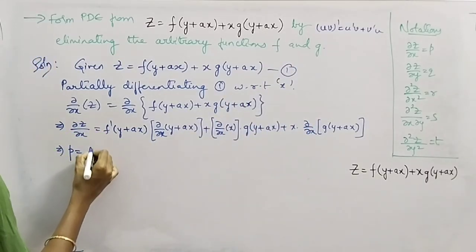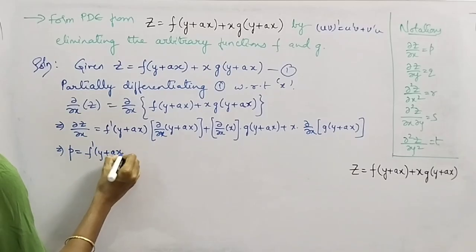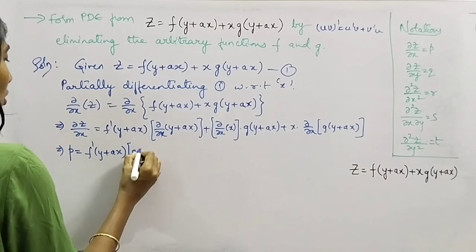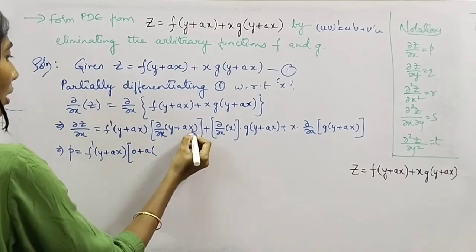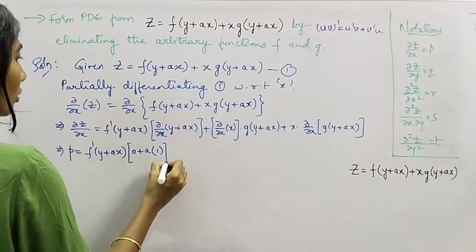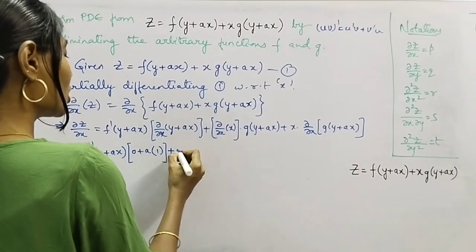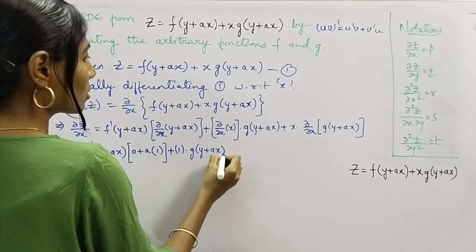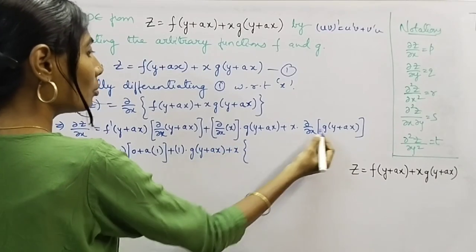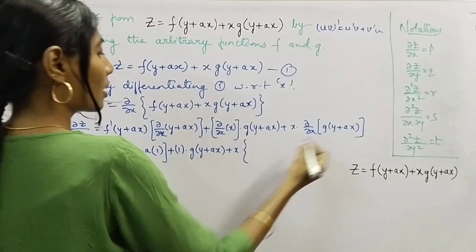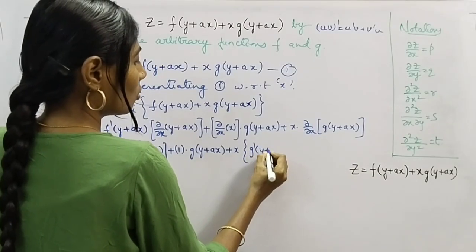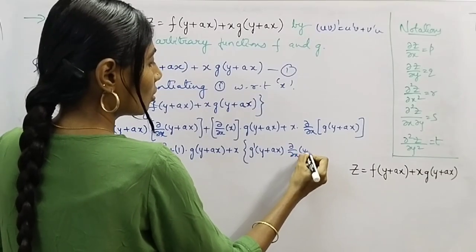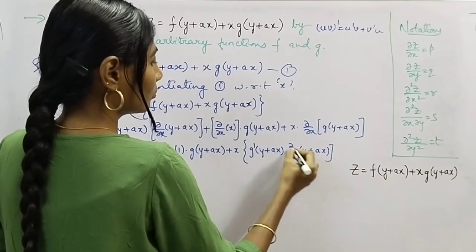You'll get p equal to f dash of y plus ax into partial derivative of y with respect to x, which is 0, plus a constant into partial derivative of x with respect to x, which is 1, plus partial derivative of x with respect to x, which is 1, into g of y plus ax, plus x into partial derivative of g of y plus ax, which is g dash of y plus ax into inner derivative dou by dou x of y plus ax.